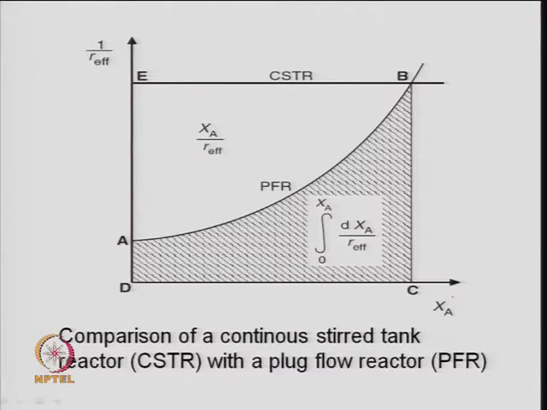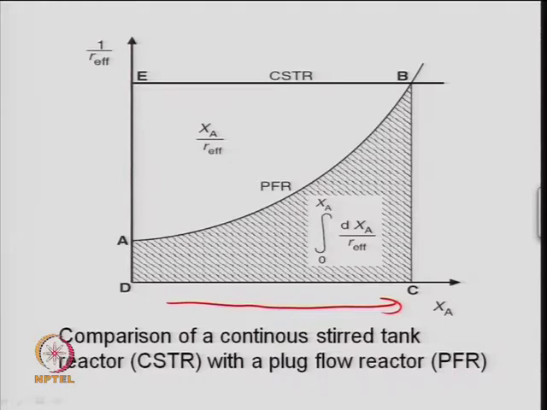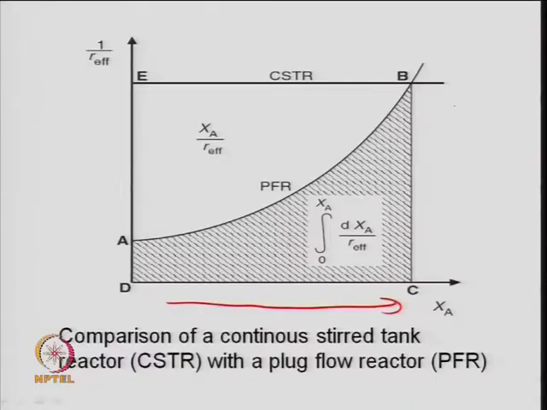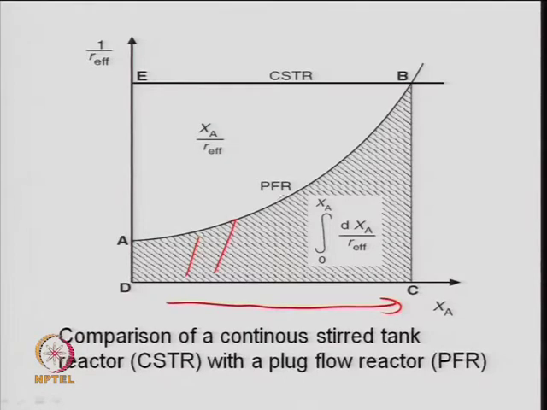So, you can see here that 1 upon minus R A comes from this equation, right. So, dx upon minus R A, this is your conversion x down the length of the reactor, reported as a function of 1 upon minus R A. So, for a plug flow reactor, if you take the area under the curve, this is your integration from 0 to x of dx upon minus R A. I write minus R A because it is the disappearance of the reactant.